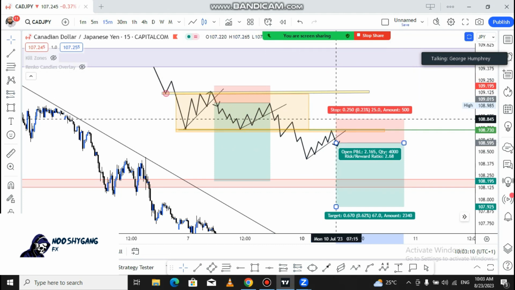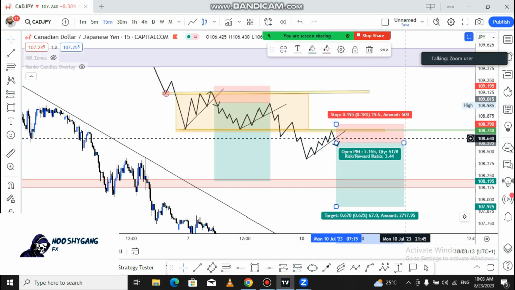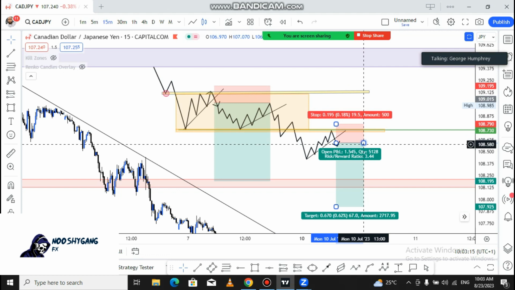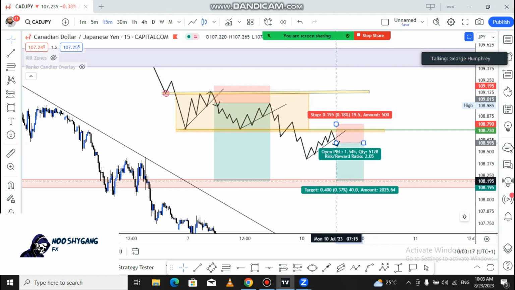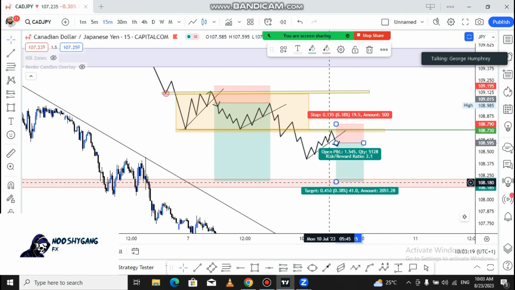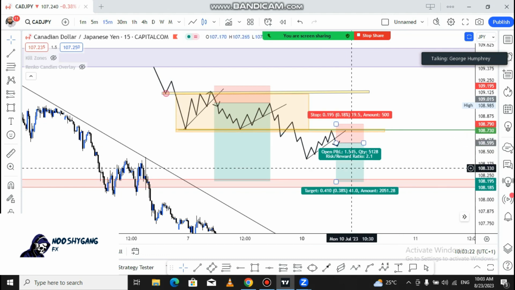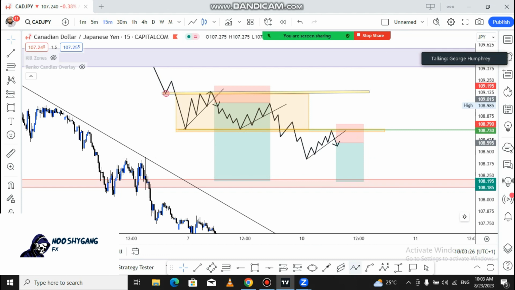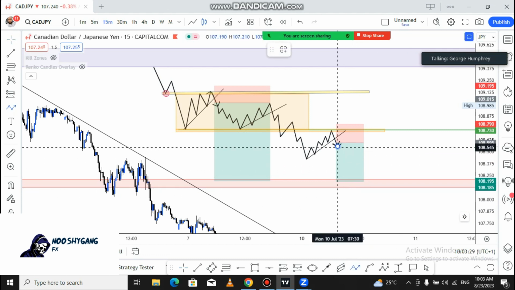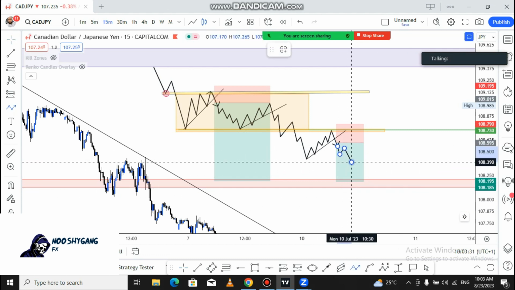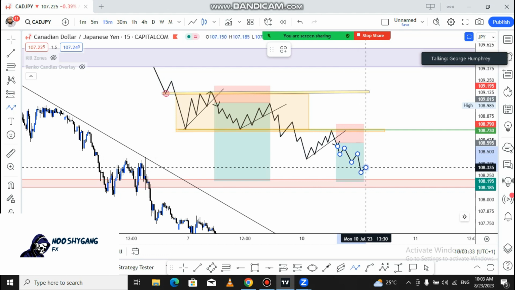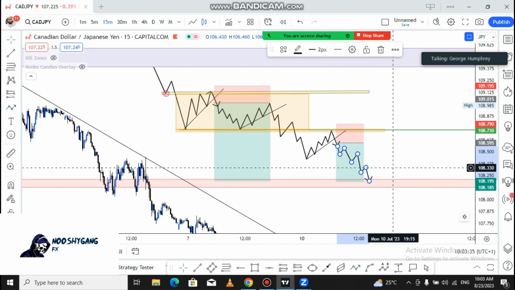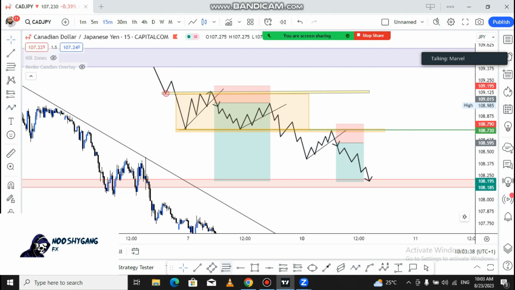Your stop loss should be above the high, and your take profit should be where you're targeting this zone as well. So you still have a good risk to reward of 1:2, and then you see the market going to do something like this. Remember, the market moves in waves.